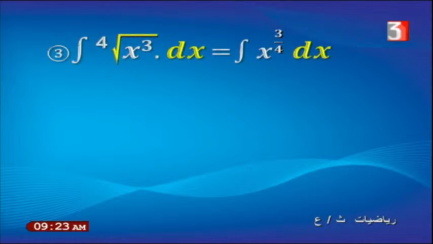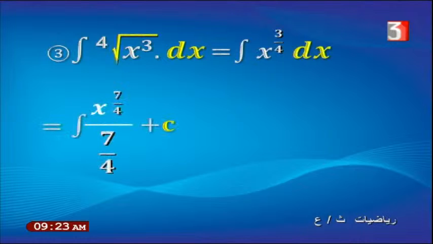Then we add 1 to the power: x to the power 3 over 4 plus 1, which equals 7 over 4, and we divide by the new power 7 over 4, plus the constant c.